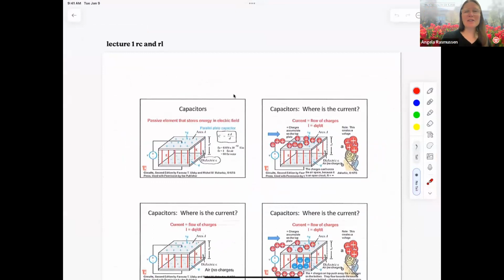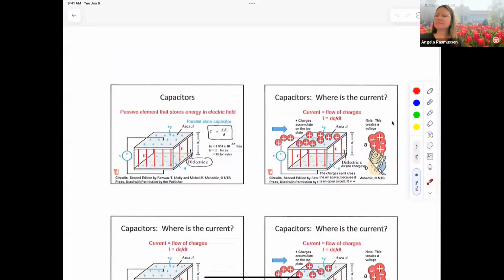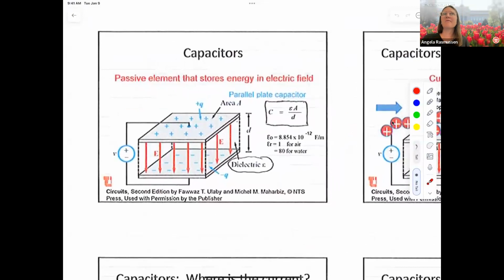So capacitors, anybody want to take a stab at describing what a capacitor does? They emit a field, or something? They create a potential difference between two plates to store voltage. Okay, great. Yes, there's a field because there's a potential difference, so you get an electric field, and mostly you have charges on two different plates, and so they store charge.